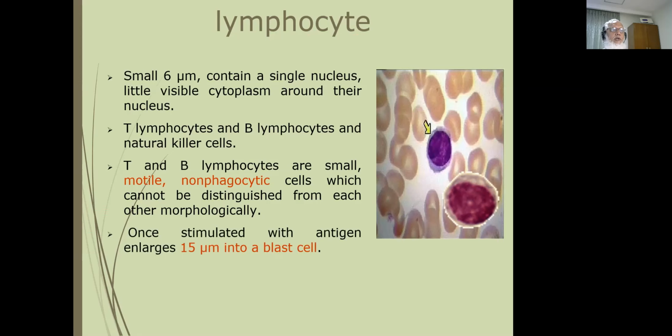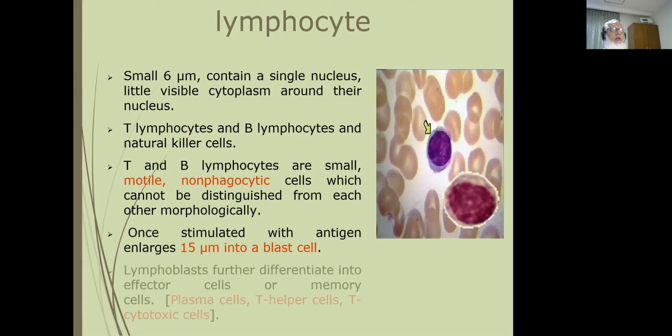Once stimulated with the antigen, they enlarge to 15 micron into a blast cell. Lymphoblast further differentiates into effector cell or memory cell, and they are known as plasma cell, T helper cell, or cytotoxic T cell.